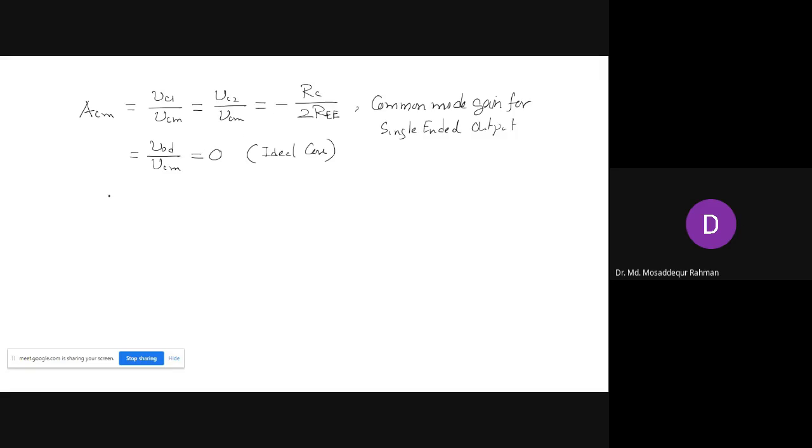So now the common mode rejection ratio. What will be the common mode rejection ratio for this differential pair? That is defined as, usually we take the absolute magnitude.